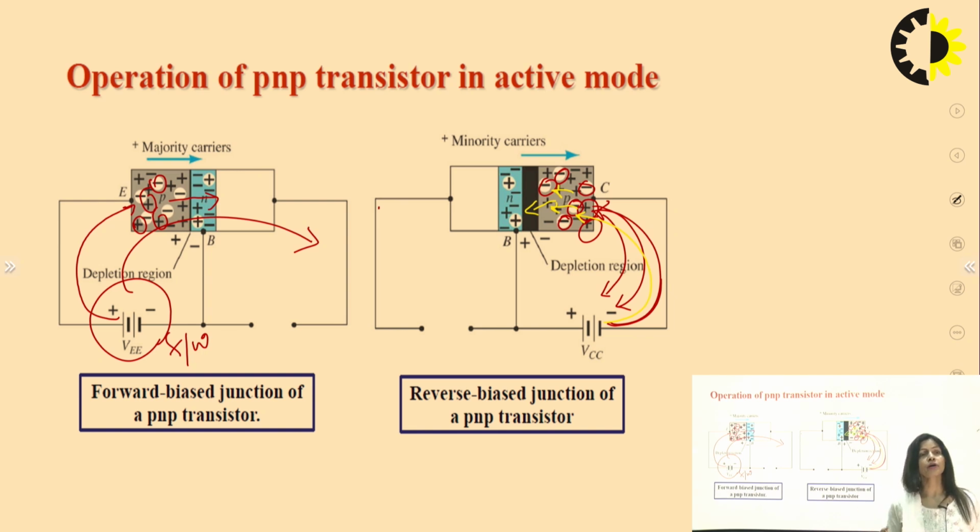So there are two currents which are going to flow. First is due to the forward bias, the majority current, the emitter current, and one is due to the minority charge carriers, and hence the transistor is said to be a bipolar junction transistor because one current is due to the majority carriers and another current is due to the minority carriers.